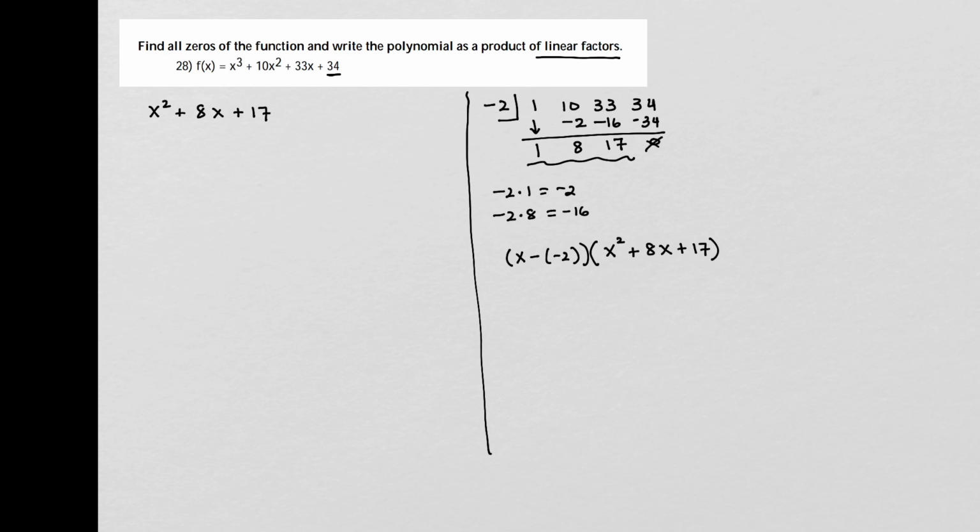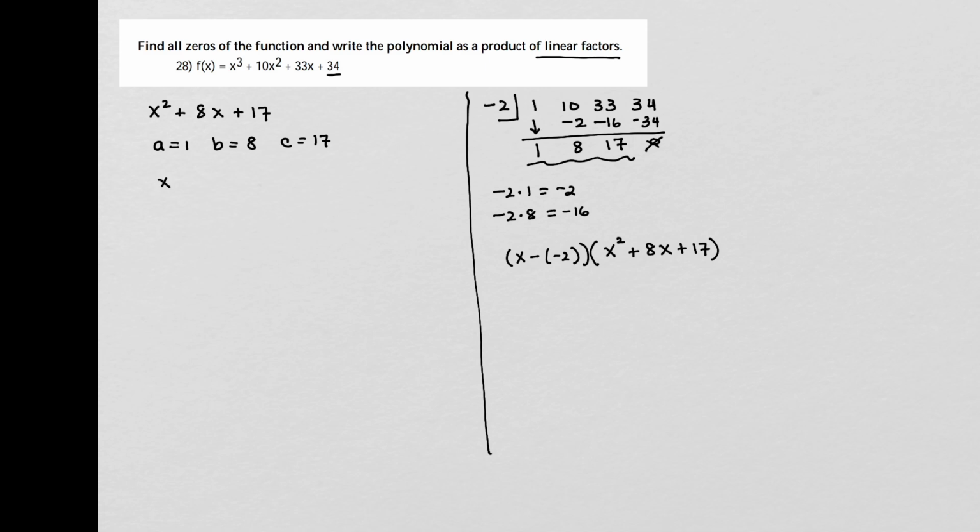Now, to factor this, we're going to use the quadratic formula because it doesn't factor nicely. So, we have a equals 1, b equals 8, and c equals 17.